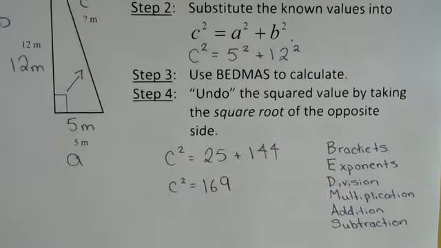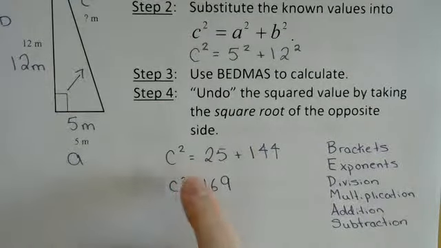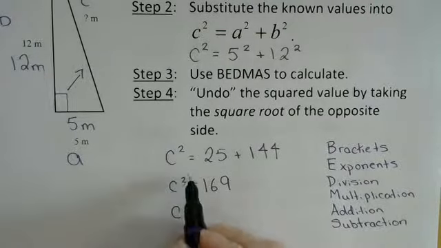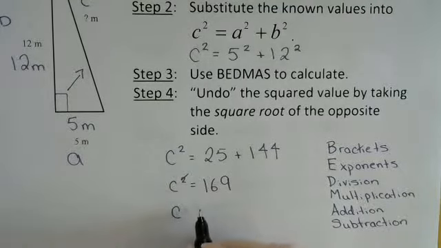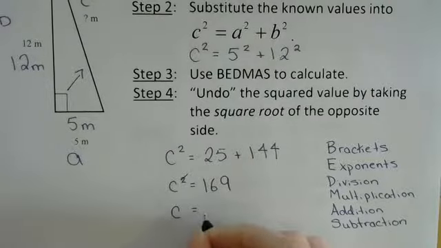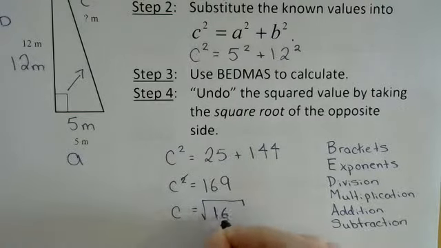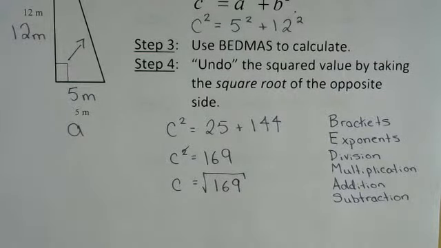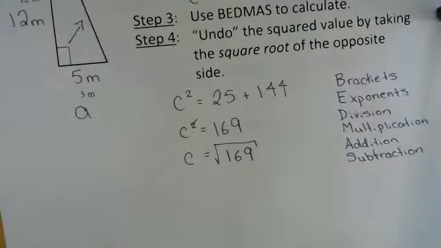And we need to figure out what C is. We have C squared currently, and we only want C. To remove the squared, we need to take the square root of the other side. So if you punch this into a calculator, it's your best bet.